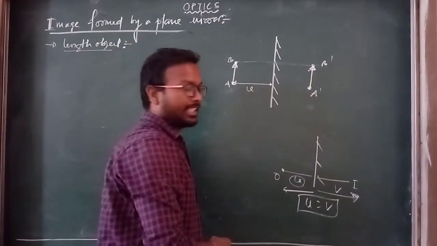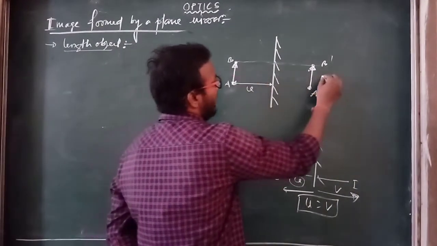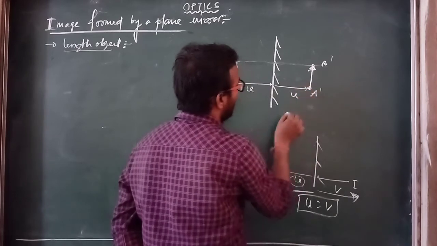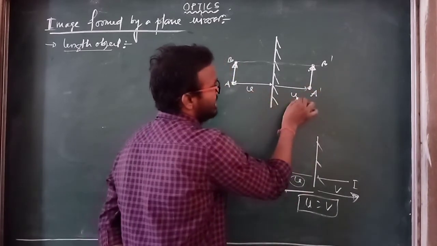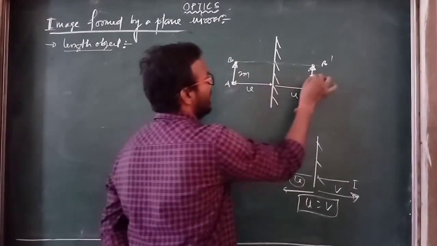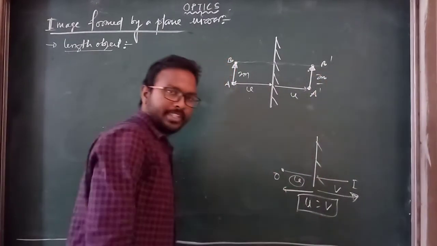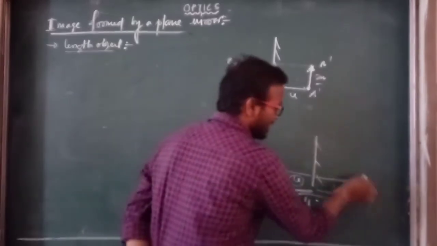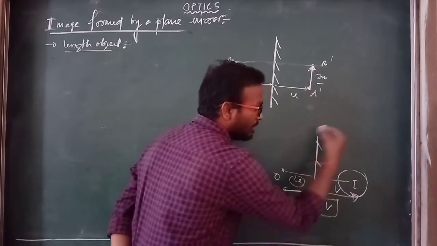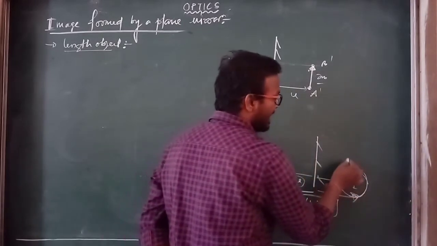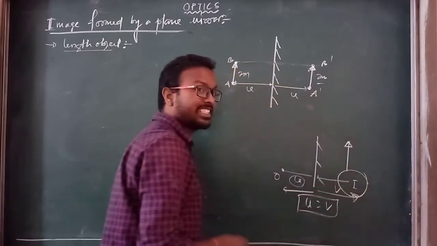This is a length object, and this distance is also u. If this distance is d, the other distance is also d. If this distance is 2 meters, the other is also 2 meters. And this image, which is at the back side, we cannot place on a screen.